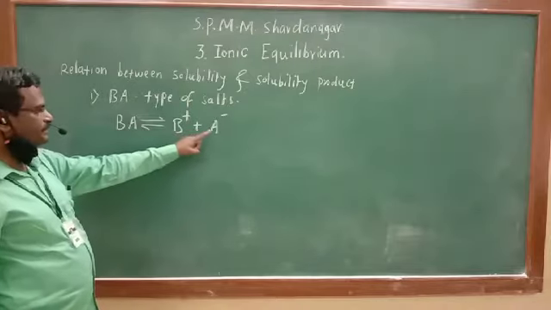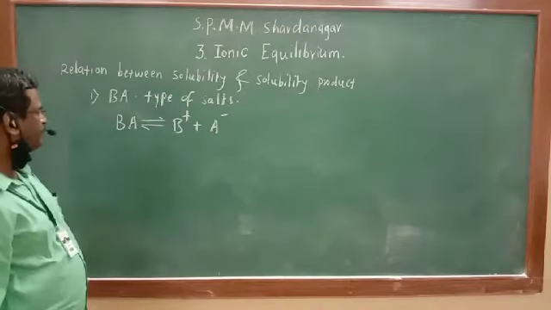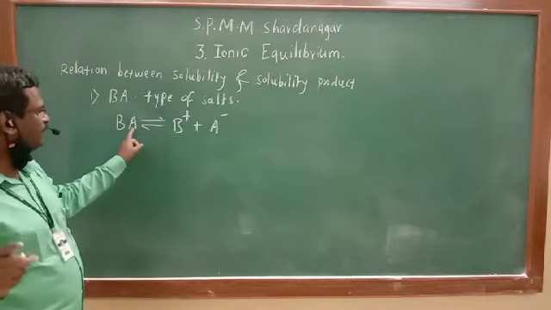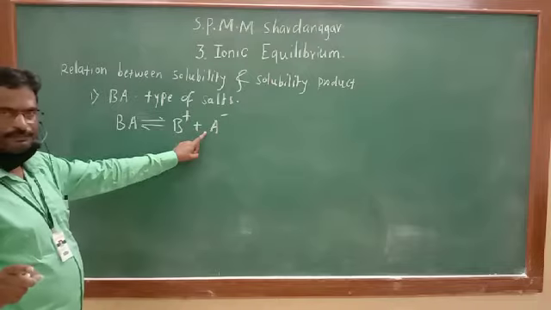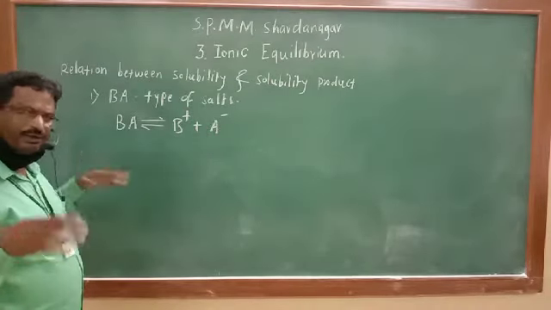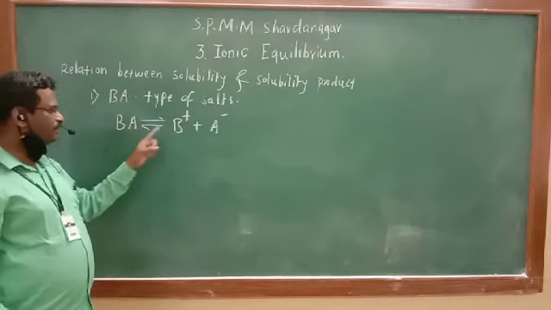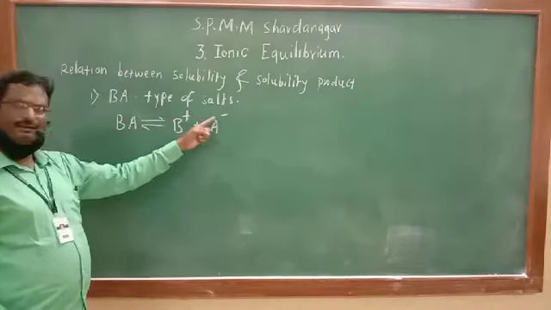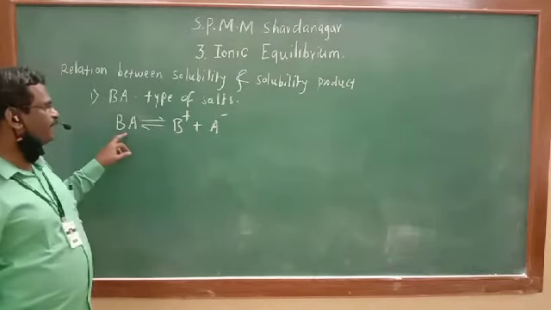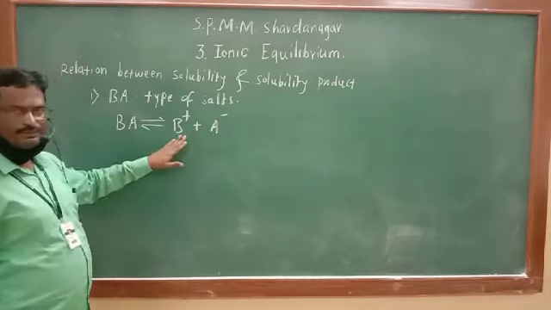BA gives B plus, A minus, cation and anion after dissociation. How many B? Only one. How many A? Also only one. So one B plus and one A minus. We can write BxAy. So xB plus and yA minus, that is one and the same. But in the simplest format, BA gives B plus, A minus; this is the salt, and these are the ions of the salt.